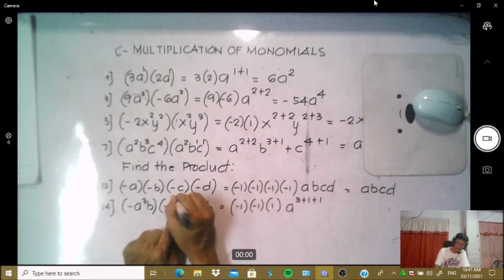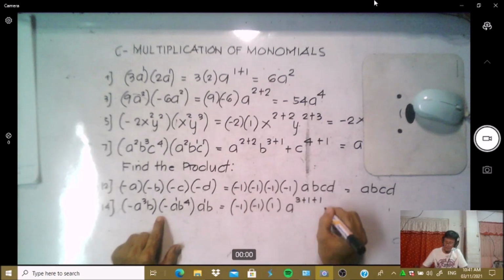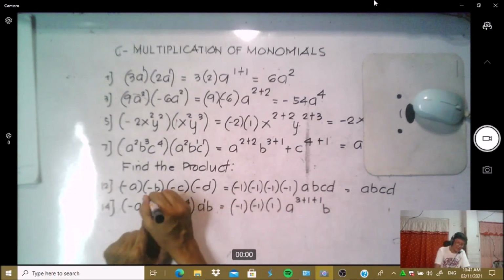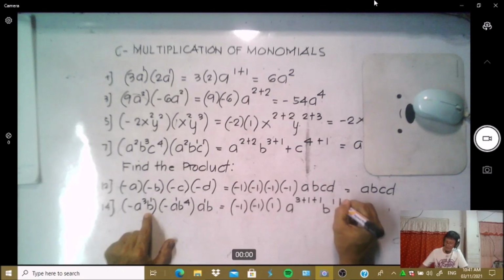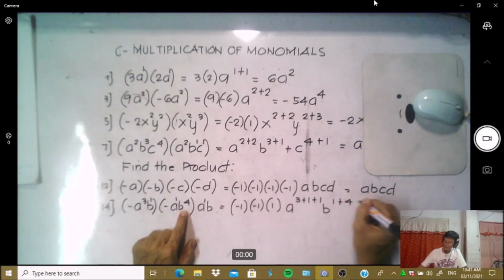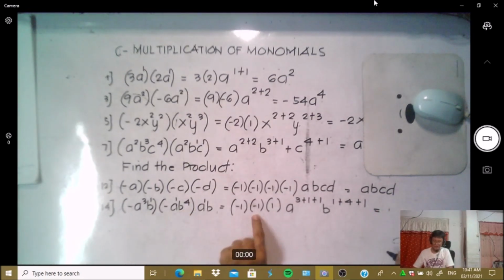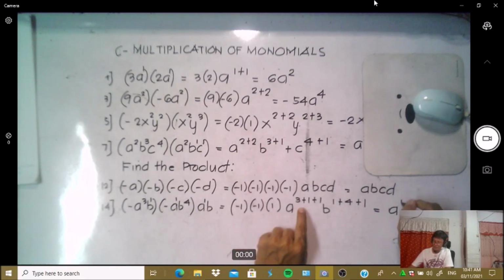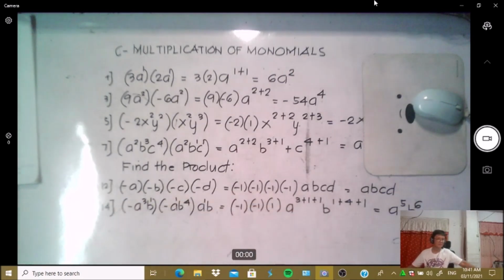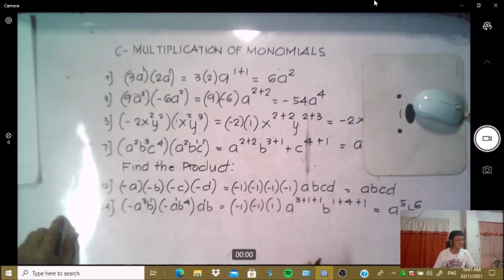We have 1 here and we also have 1 here. Then we have b raised to 1 plus 4, then plus 1. Negative times negative is positive, times positive is positive. So we have positive a raised to 5, b raised to 6. For number 14, we have a raised to 5 and b raised to 6.